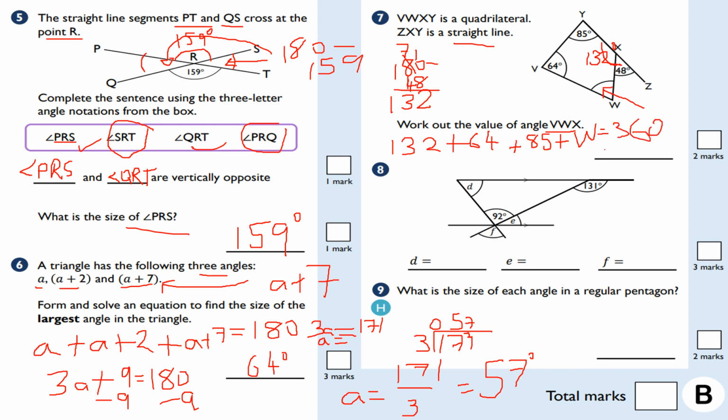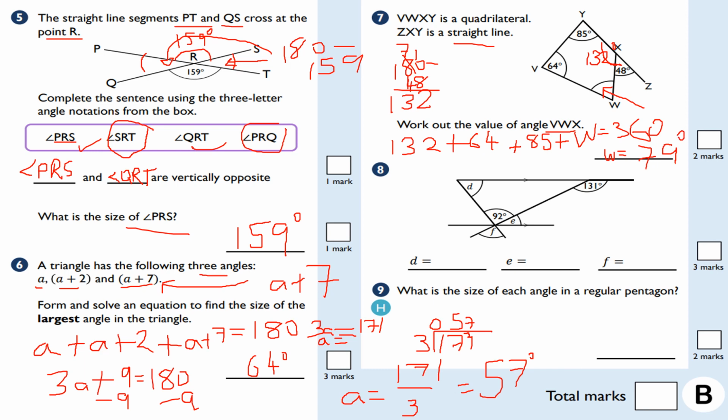So doing this on my calculator, just obviously save us a bit of time. So rearrange that to make W the subject. So I'm going to do 360, take away 132, take away 64, and then take away 85, and the answer we get is 79 degrees, okay? So the angle is equal to 79 degrees.